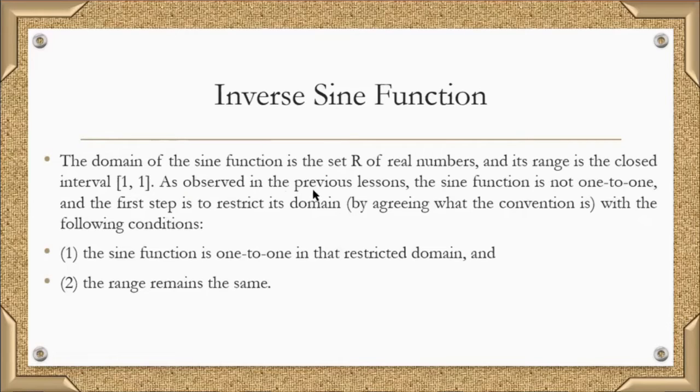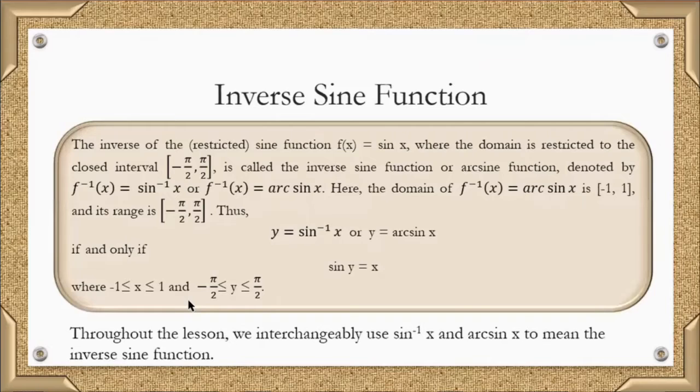As observed in the previous lesson, the sine function is not one-to-one, and the first step is to restrict its domain by agreeing on the convention with the following condition. First condition: the sine function is one-to-one in the restricted domain, and the range remains the same. So, gagamit tayo ng restriction about the sine function para ma-meet natin yung tinatawag na one-to-one function.